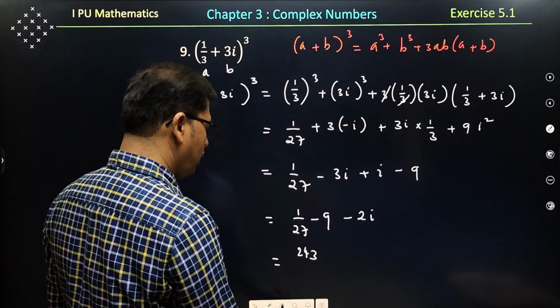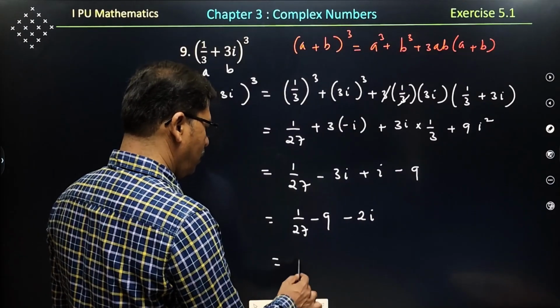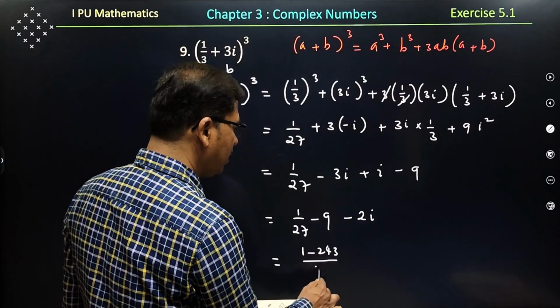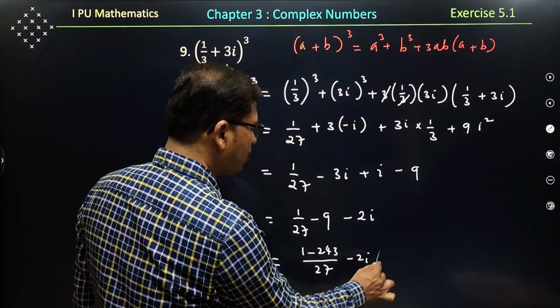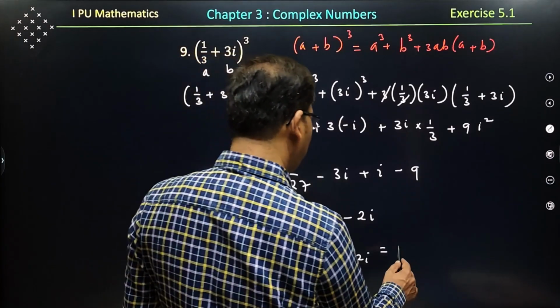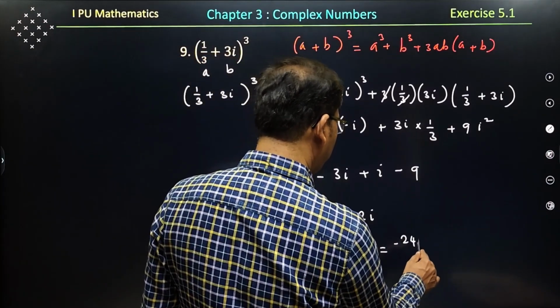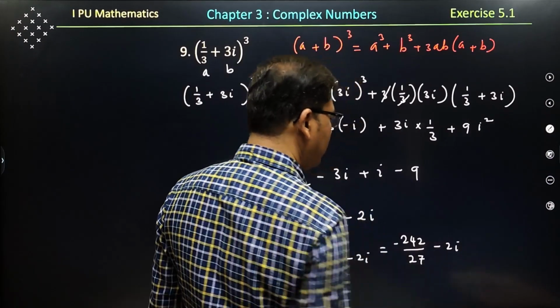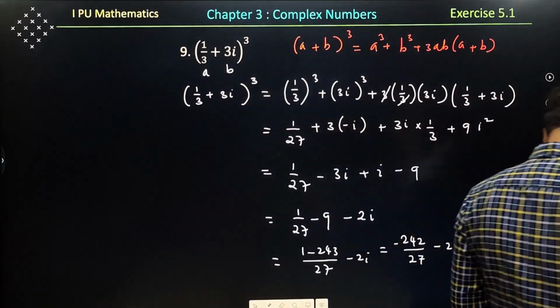That is 1 minus 243 divided by 27, minus 2i, so it leads to minus 242 divided by 27, then minus 2i. And I hope this is the answer for this question.